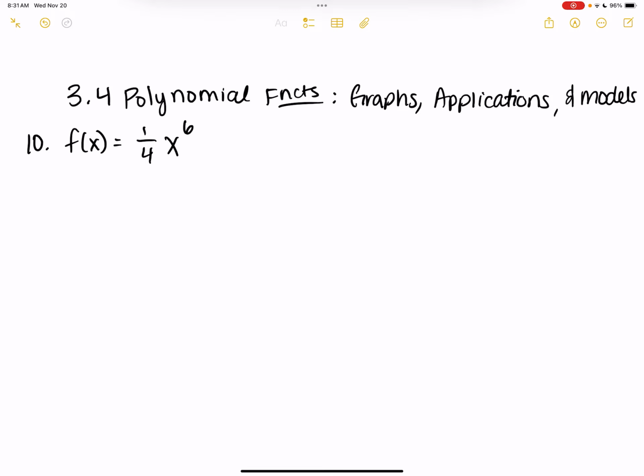I'm gonna trace this function and see what's happening.